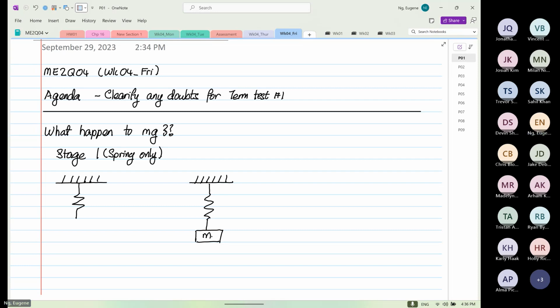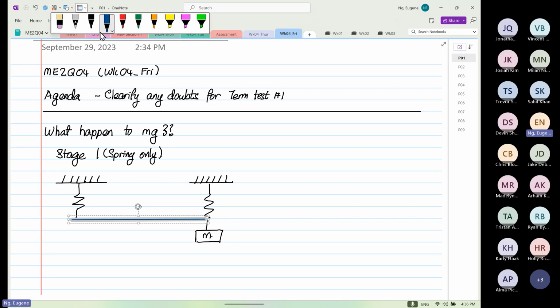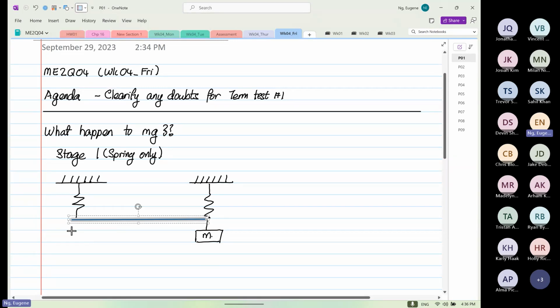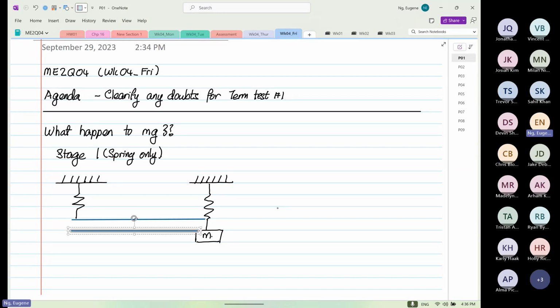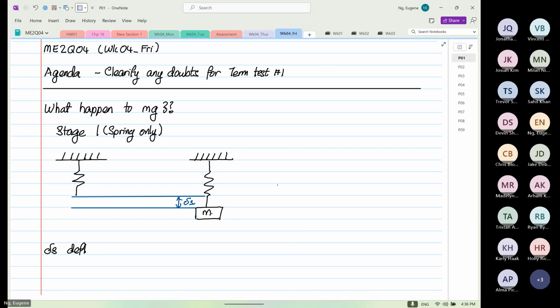Okay. So if I were to sketch a horizontal line across, and then another horizontal line across, this distance is known as delta S. Delta S meaning deflection, or static deflection.